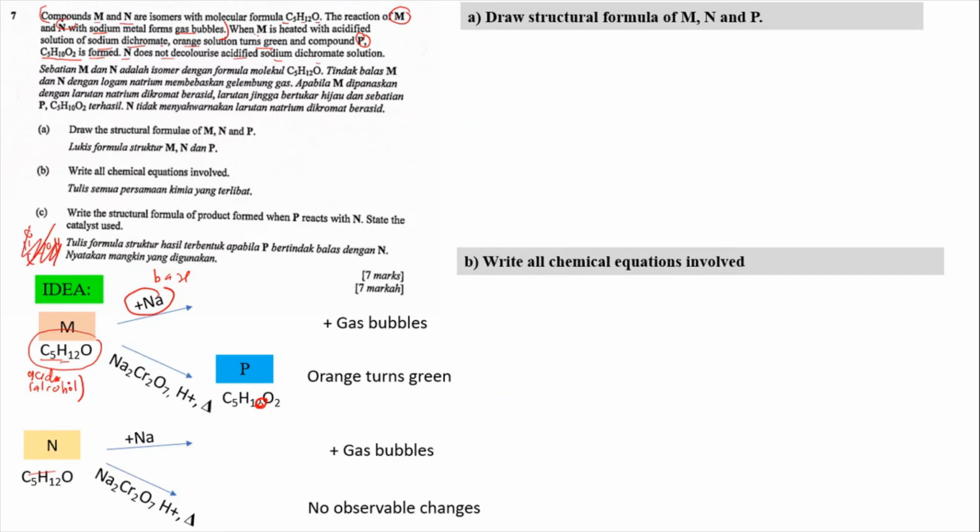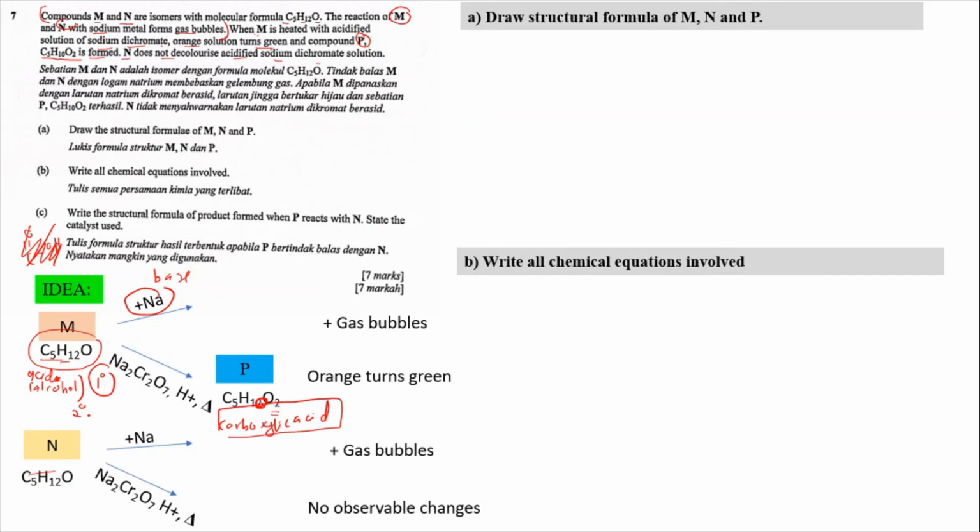So M needs to be an alcohol, and it can be oxidized to form C5H10O2. When there is O2 here, you know that it has undergone oxidation to form carboxylic acid. Only primary alcohol can undergo oxidation to form carboxylic acid.